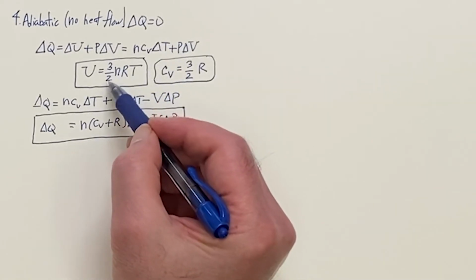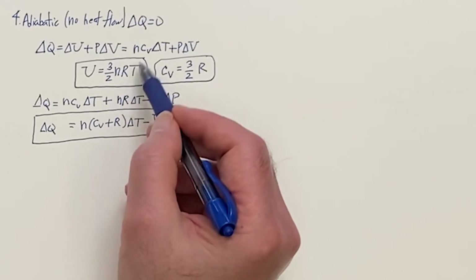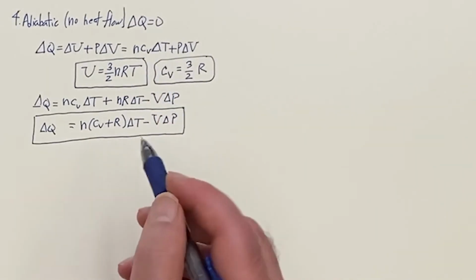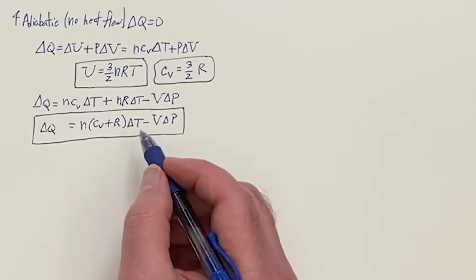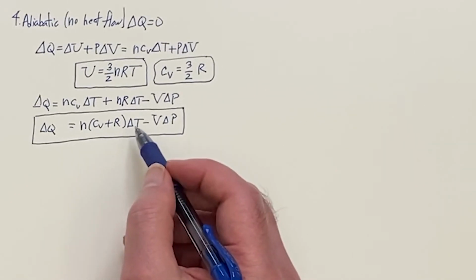Since the 3 halves R becomes CV, the n is there and the delta T. So just make sure, it's important to do that because these equations are hard to keep them all in your mind. So you want to go back and check that.